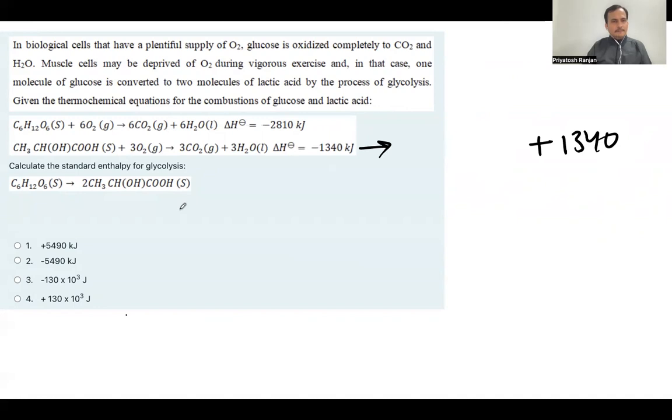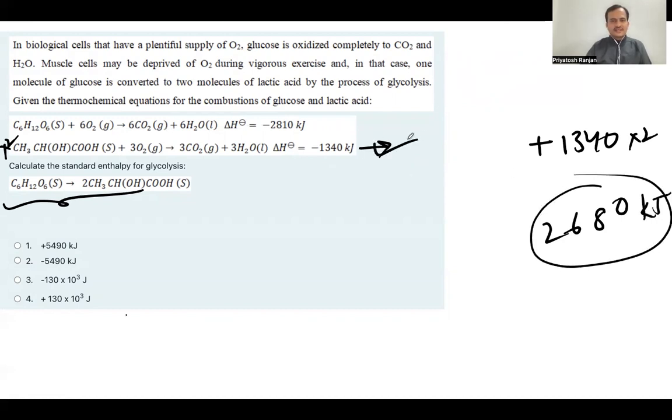And also, if you look at the final one for which I have to calculate the standard enthalpy for glycolysis, there are 2 molecules of lactic acid. So then I need to multiply this reaction with 2. So we are going to have 2680 kilojoule for this reaction.